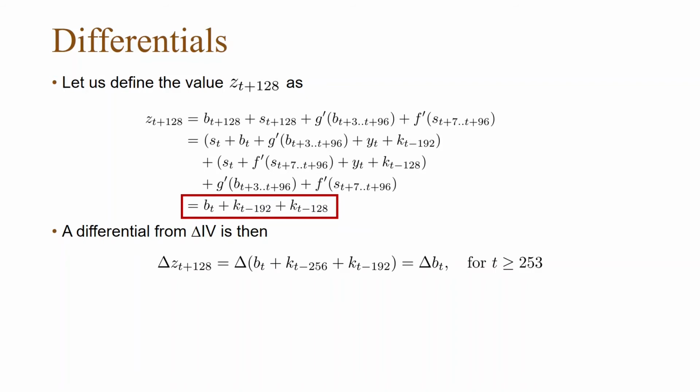But since the key is fixed, the differential here will be delta bt. And this will hold for all t larger than or equal to 253. And the reason for this is that we know b256 and so on, and in the function g prime, we have the lowest index b(t+3).